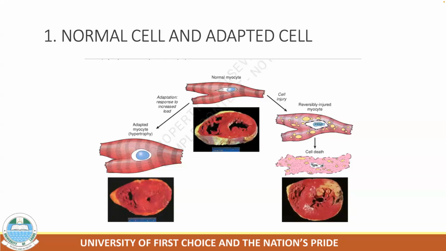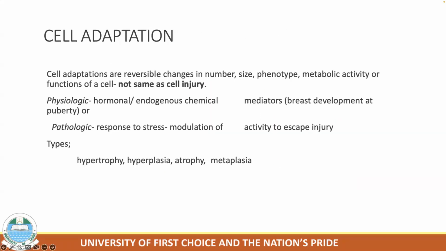So they can be physiological. For example, if it's due to hormonal changes, for example, during the normal growth of a human being from childhood to adolescence, hormonal changes happen. That's hormones that cause the body to grow and change in different ways that are characteristic for boys and for girls.